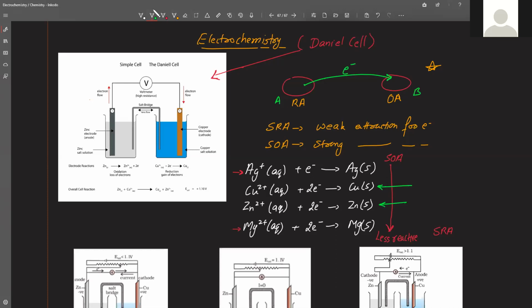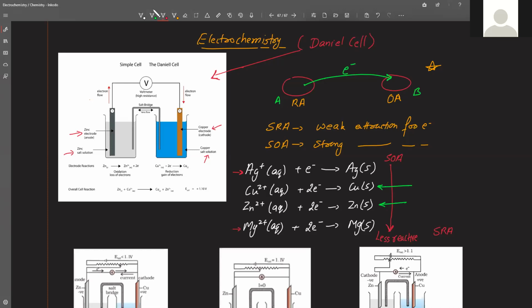There is a salt of zinc, that is the zinc solution, and there is a zinc electrode here. And in the second container, there is a copper electrode, and with that, there is a copper salt solution. So basically, it is CuSO4 in the second one and ZnSO4 in the first one, the one on the left, right?